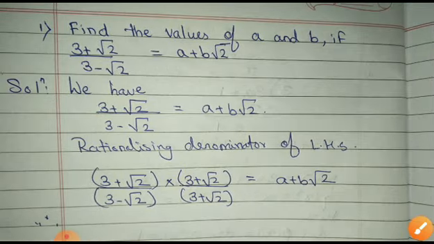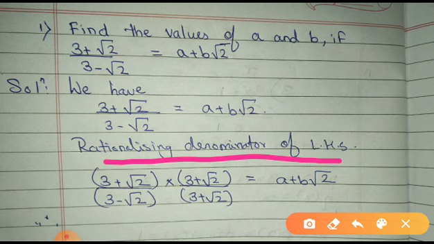So the next step is rationalizing the denominator of the LHS. I have to multiply by 3 plus root 2 to the numerator and to the denominator. Now if you observe, this is 3 plus root 2, 3 plus root 2. I have multiplied the same. So what is x into x? It is x square.